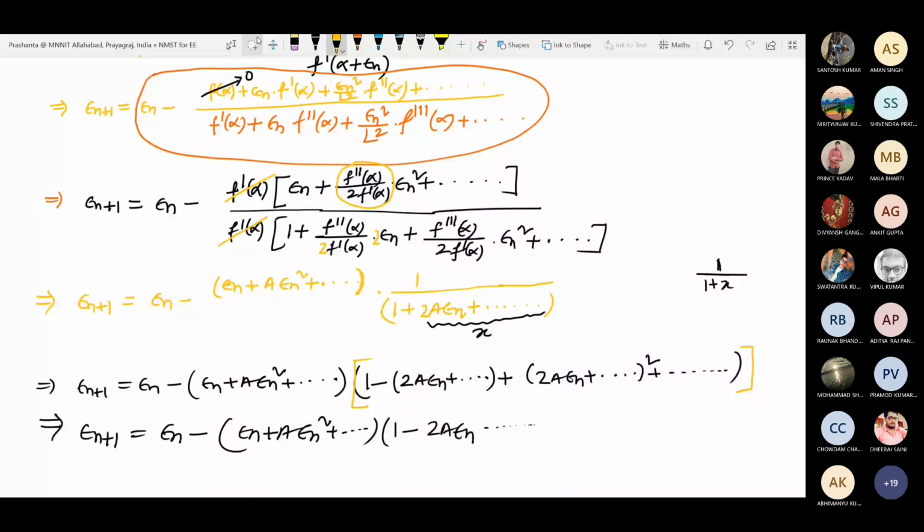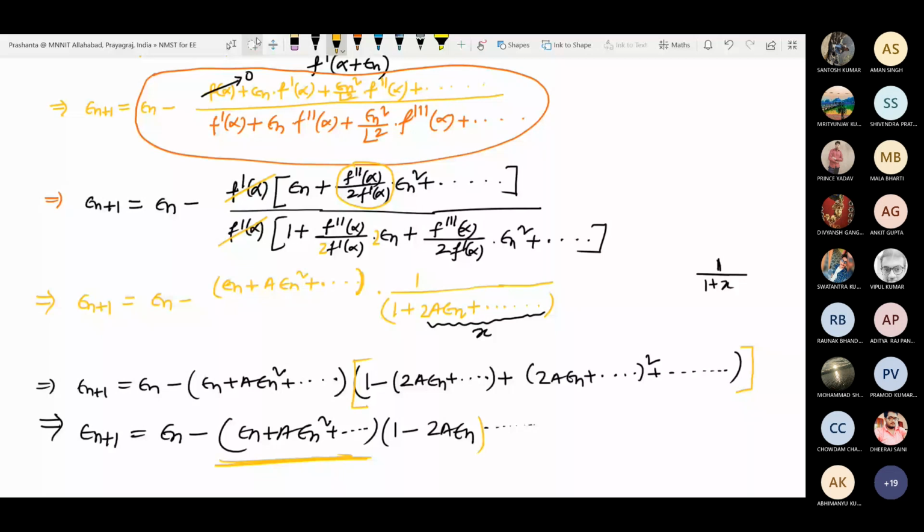The remaining terms will contain epsilon n square, epsilon n cube, and so on. And if you multiply that factor with this factor, the lowest order term will be epsilon n cube. So I'll be neglecting them because I'm going to keep only the lowest order surviving term.